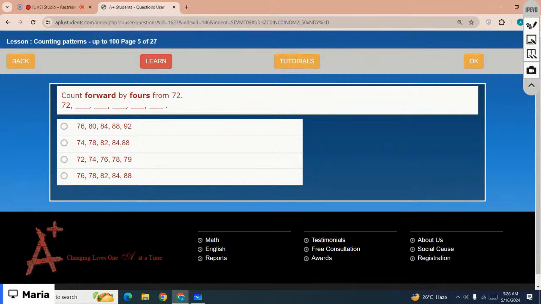Count forward by fours from 72. So, which is the correct option? The correct option is, but this time this isn't option number one.